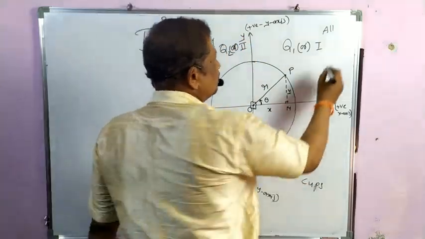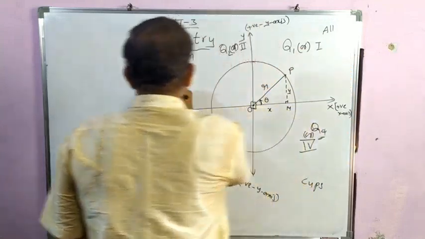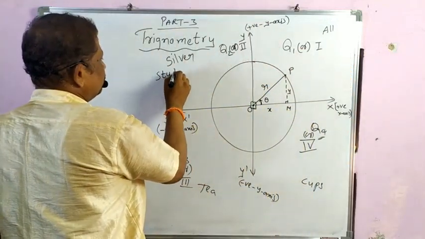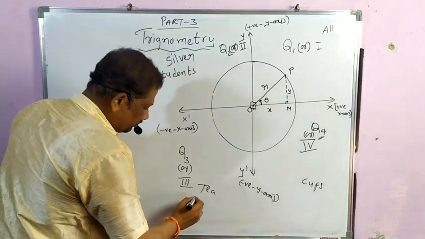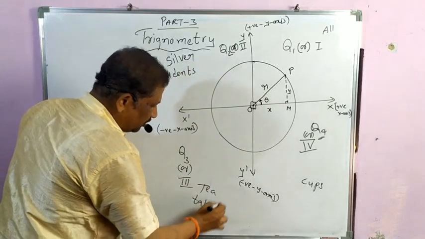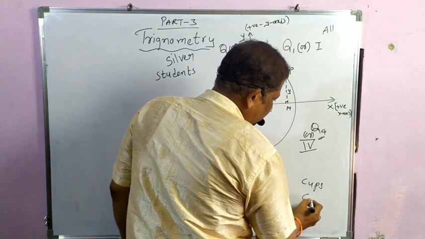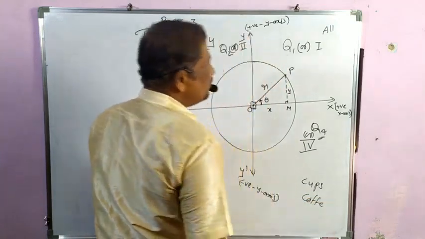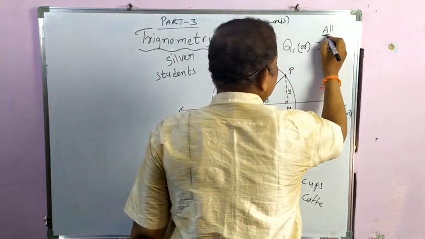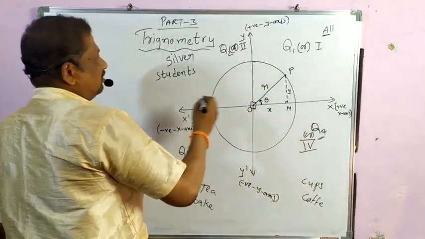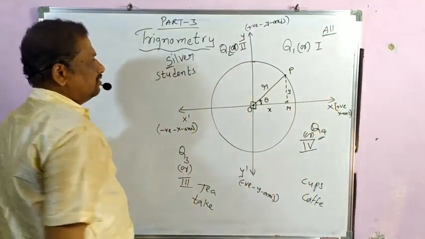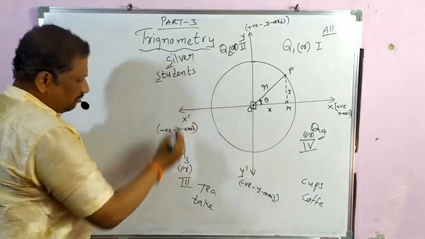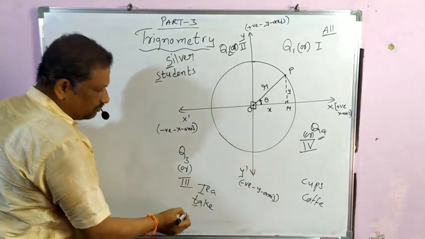In engineering books, it is all students take coffee. That means you have to consider the first letter: A for all, S for students or silver, T, C.